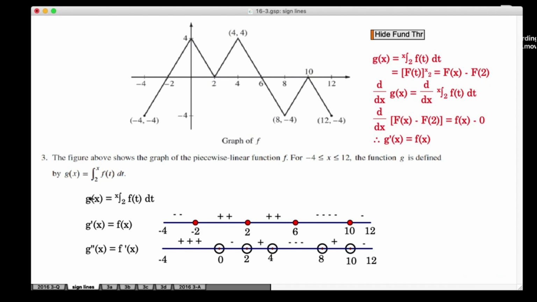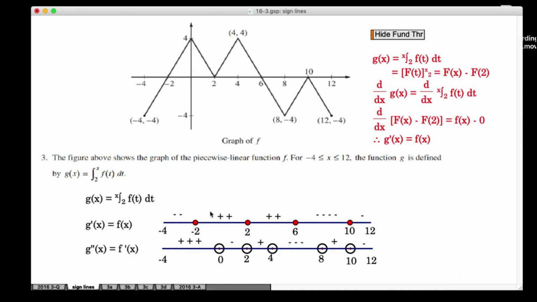So if I take the derivative of this side, this is what they gave us. The derivative of g is g prime. The derivative of the integral is simply f. Okay? Then the second derivative, g double prime, would be the derivative of this, and the derivative of f is f prime.